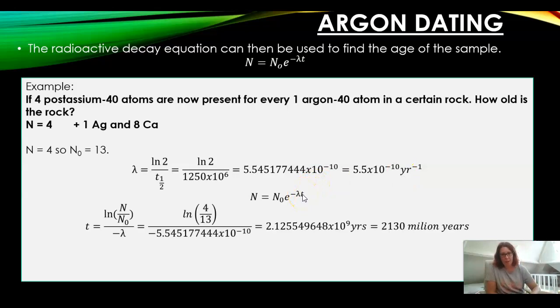Need to rearrange for t, so I've got natural log of N over N naught divided by minus lambda. Because this is in per year, my answer will be in years, and my N is 4, and my original number of nuclei is 13. So substitute all in there, and I get 2.130 million years, which is the answer.